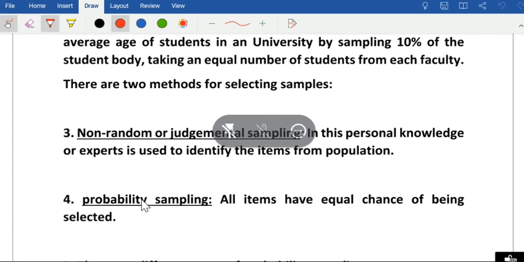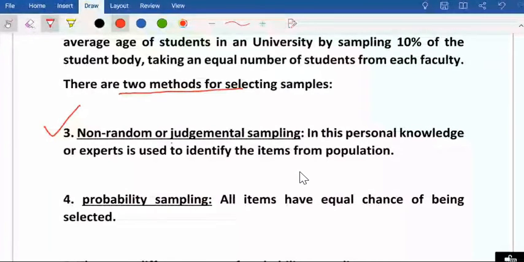So sampling can be divided basically into two parts. That means there are two methods of sampling. Number one is non-random, which is also called judgmental sampling. In judgmental sampling, the personal knowledge or opinion of the expert is used.